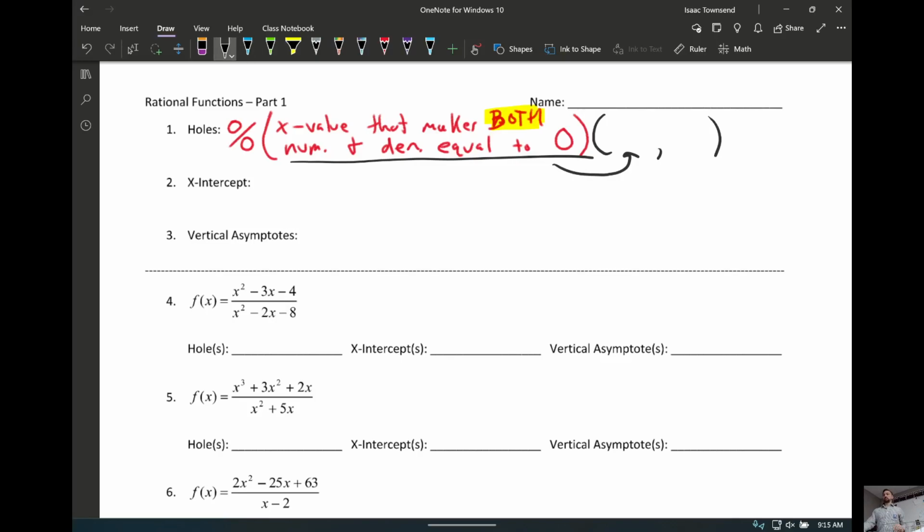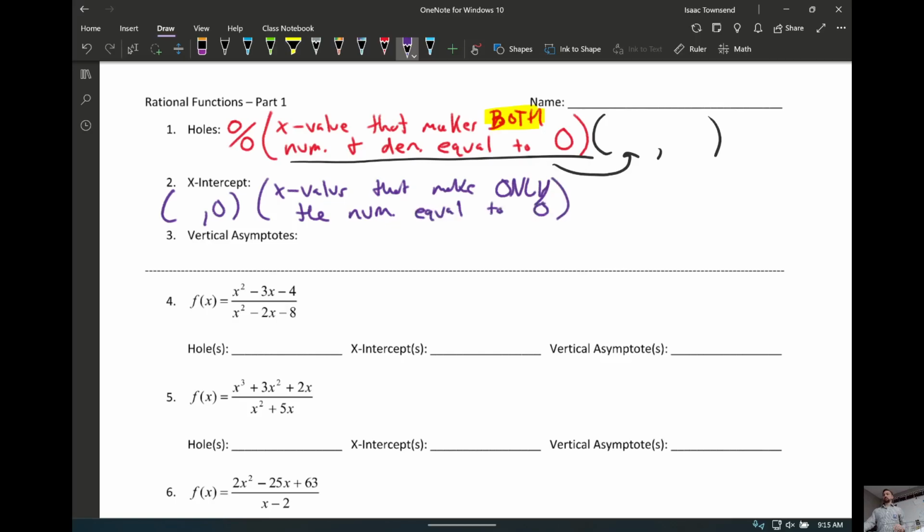Okay, x-intercepts are technically when y equals 0. That's consistent all through algebra. But for your big fraction, because again, these are all rational functions, which basically means fraction, the time a big fraction is going to equal 0 is when you get x values that make only the numerator equal to 0.